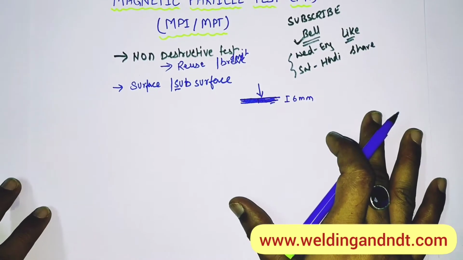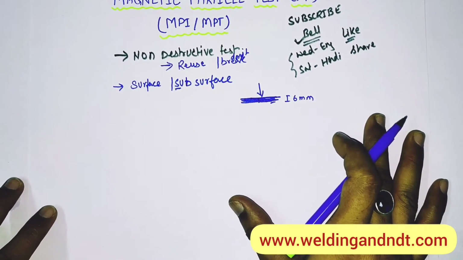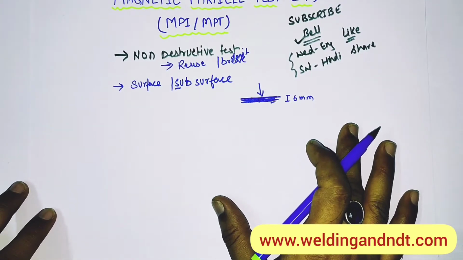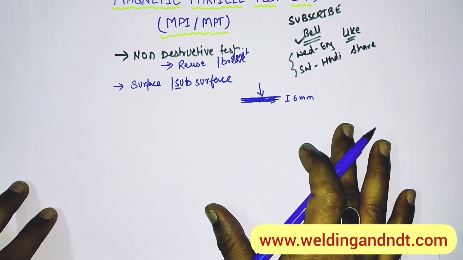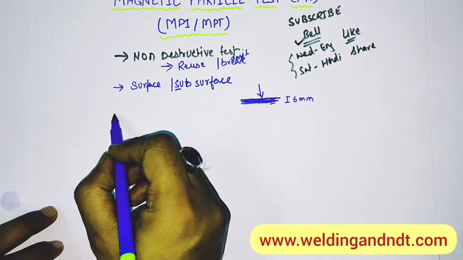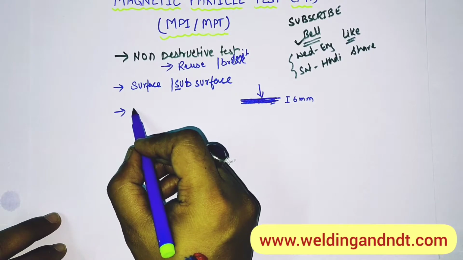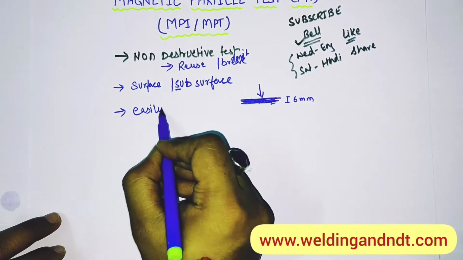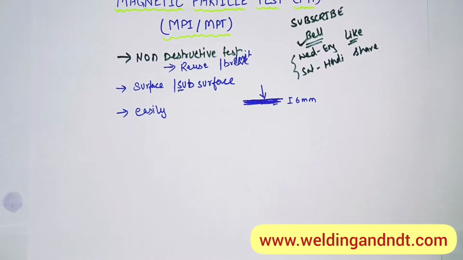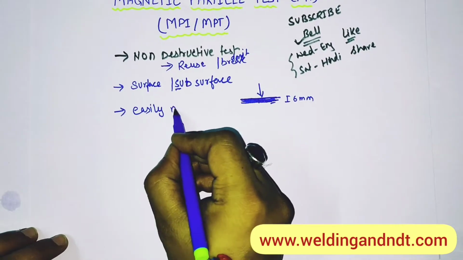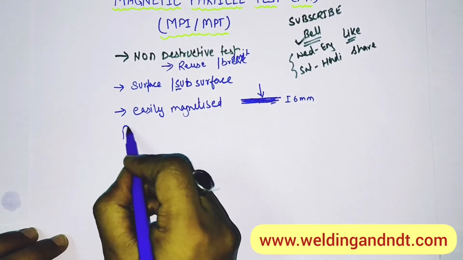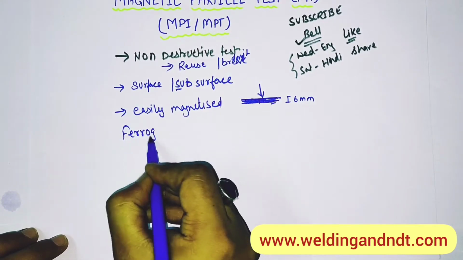Now let's start. First I would tell you where this magnetic particle test is applicable. You can use magnetic particle test only on the metals which can be easily magnetized. Easily magnetized means ferromagnetic materials.